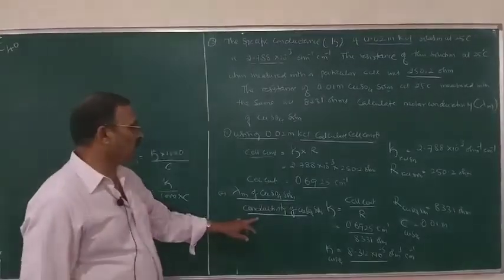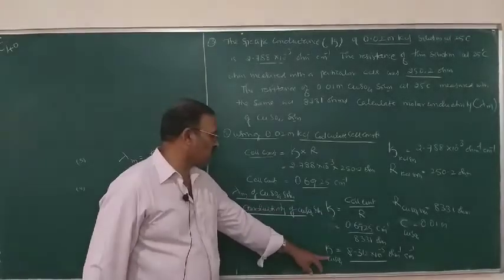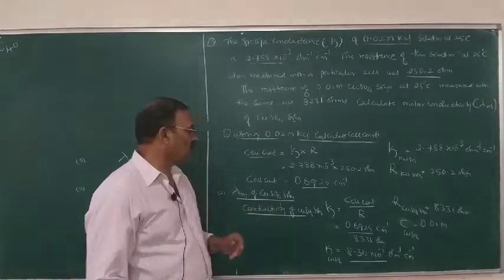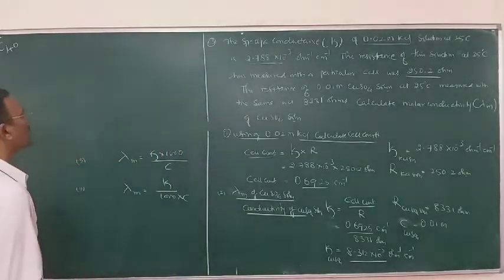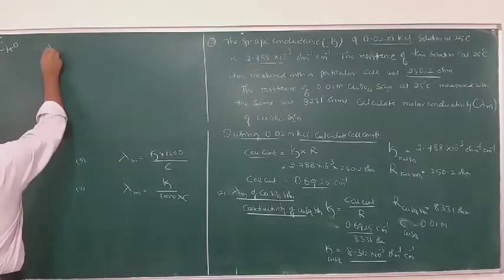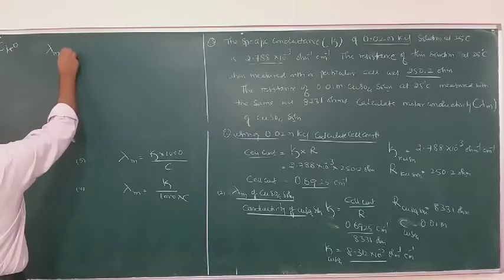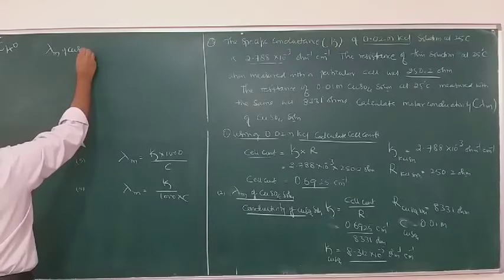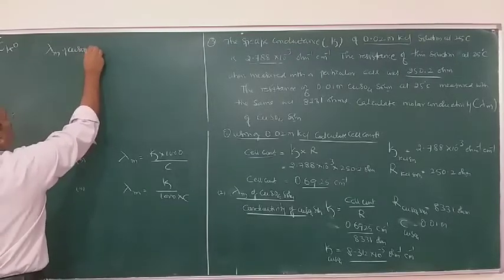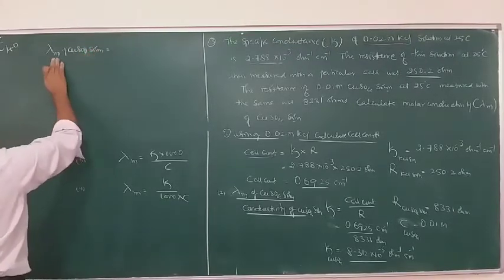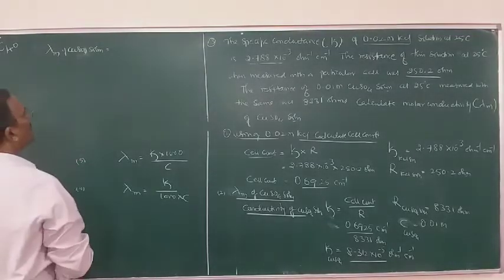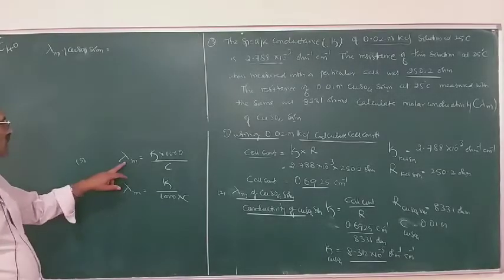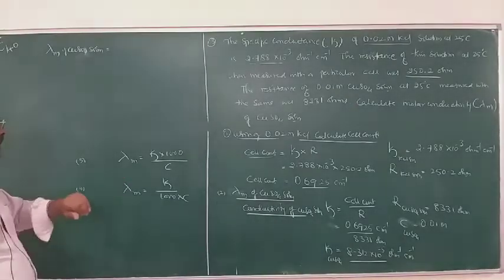We have determined specific conductance of copper sulfate solution. Knowing specific conductance, we can calculate molar conductance of copper sulfate solution, that is lambda m of CuSO4 solution. Which formula we have to use? We have to use either this formula or this formula.